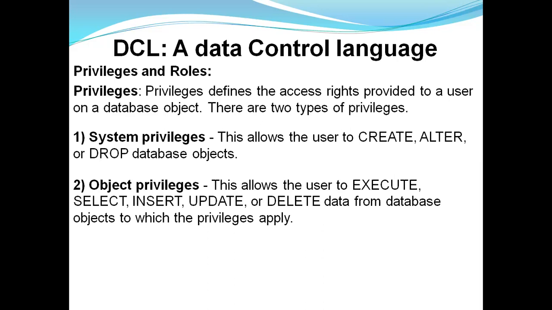Mostly, the system privileges are granted by the administrator. Second is the object privilege. Object privilege means using that object, or you can say all the DQL and DML privileges. Simple: execute, select, insert, update, delete, execute in the case of stored procedures.